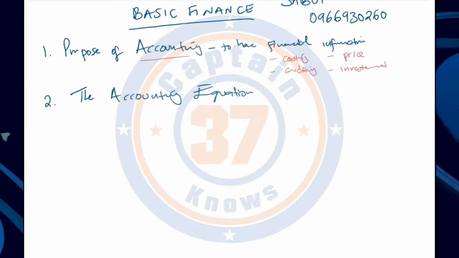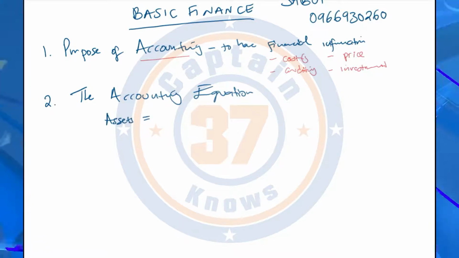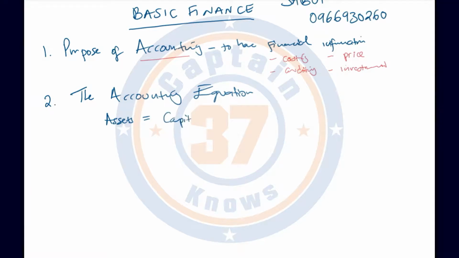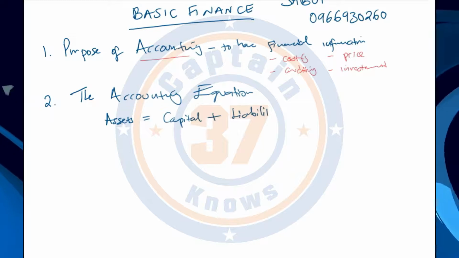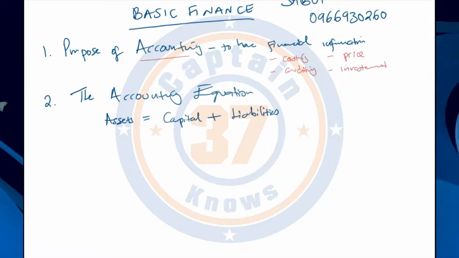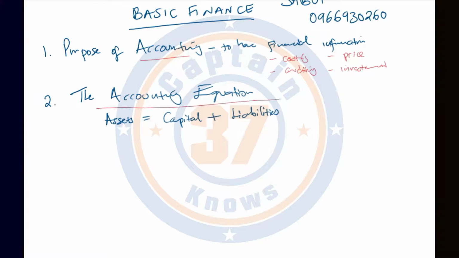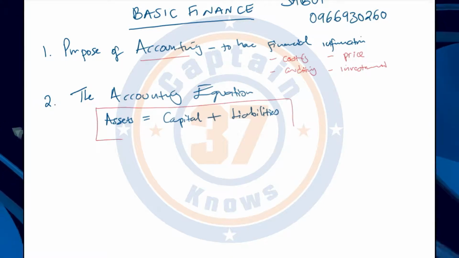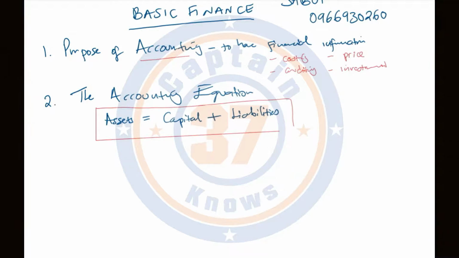And it is as simple as assets is equal to capital plus liabilities. That is all. That is the accounting equation, and it is very important. You need to know and understand that assets is equal to capital plus liabilities.